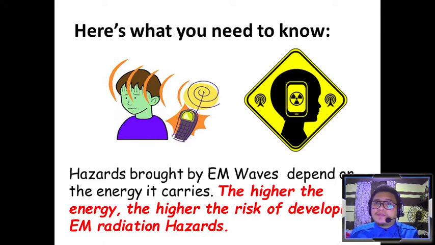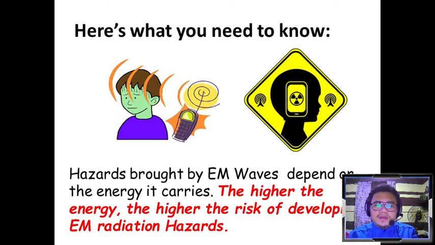Or in this case, we can also say it depends on the frequency, because the higher the energy that a wave carries, the higher the risk of developing EM radiation hazards. That is why, as I mentioned in our previous lesson, gamma rays have the highest energy. That's why it is also the most dangerous EM wave to handle. That is why it is used only on a controlled basis.